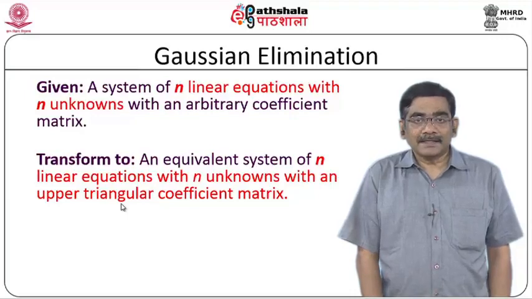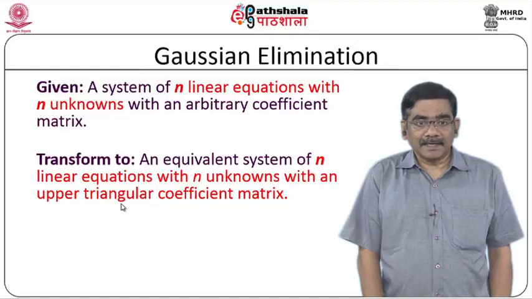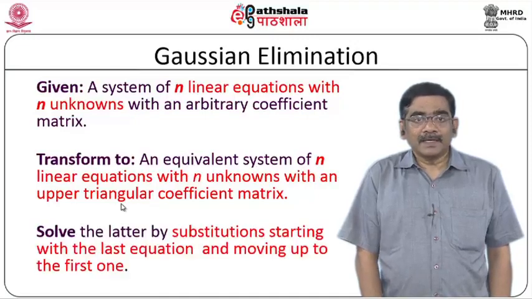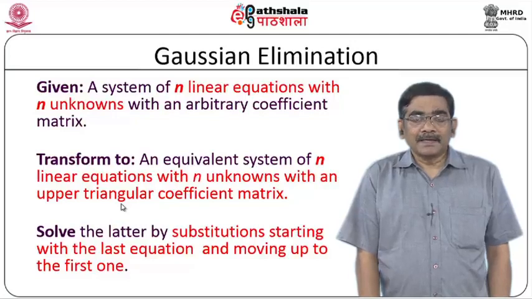As this design paradigm suggests, we have to transform these equations into a set of equations with n unknowns with an upper triangular coefficient matrix. And once we have the upper triangular coefficient matrix, we can use back substitution starting from the last equation and moving to the first one to find the unknowns. In this manner, the system of n linear equations with n unknowns can be easily solved.